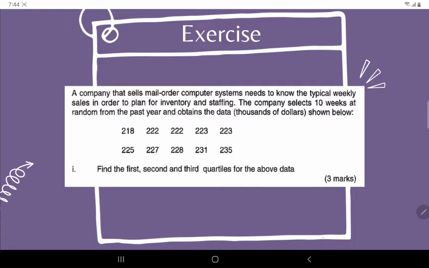So the lowest one is 218, and then 222. I think it is already in ascending order, right?